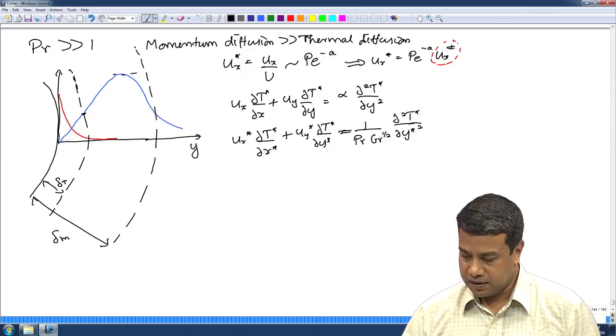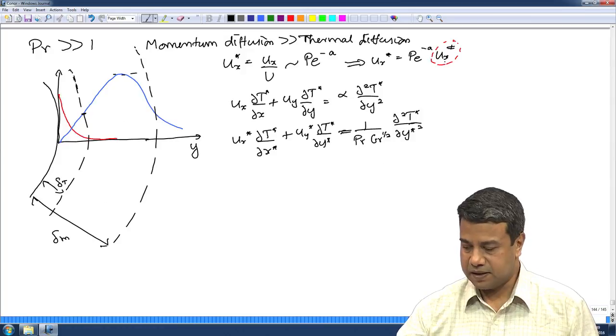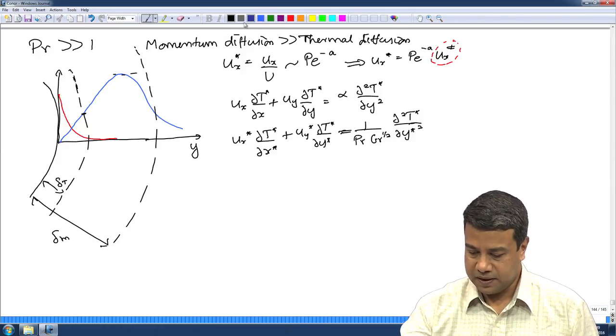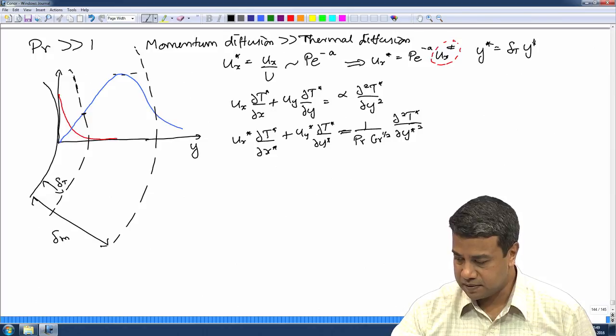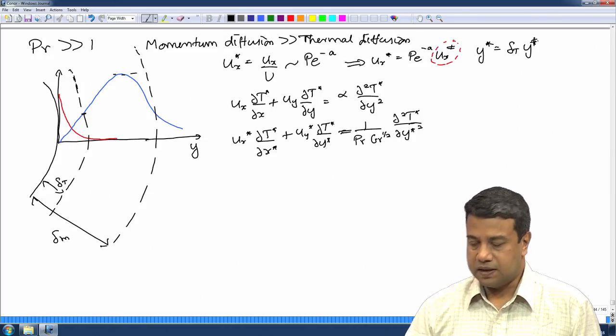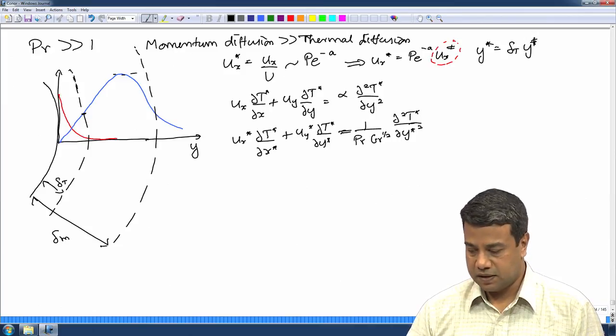Okay. Now, I make this substitution, ux star is equal to Peclet number to the power minus a into ux double dagger. I expect this to be order 1. In addition, I have to write y star is equal to some boundary layer thickness times y double dagger, where delta t is a boundary layer thickness for the thermal boundary layer. Okay.